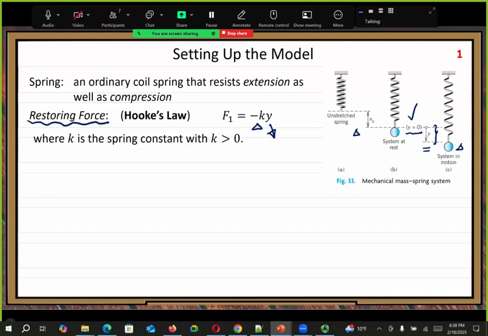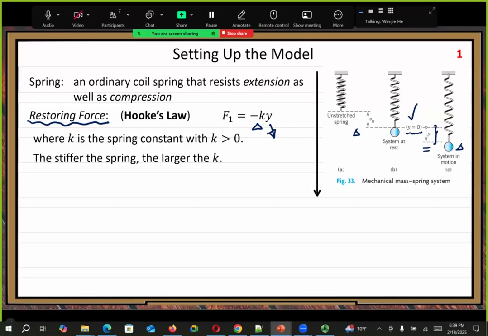Then it's natural, right? It's restoring, so the opposite direction. The stiffer the spring, the larger the k. That's the basic property.